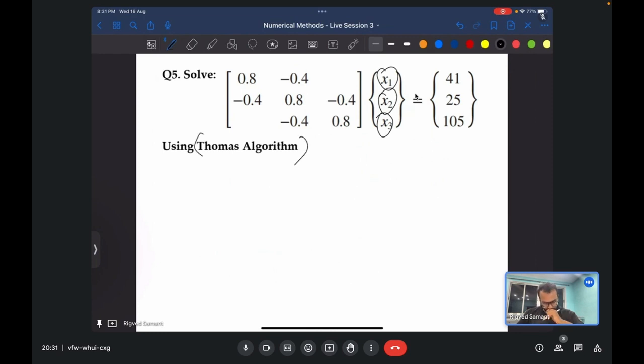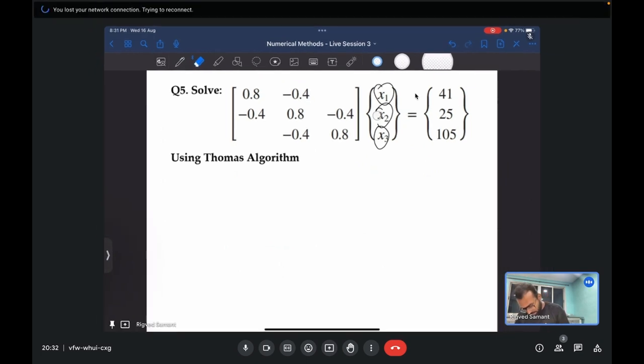So what will be the first step in the Thomas algorithm? 0.8 into x1 plus minus 0.4 into x2 plus 0 into x3 is equal to 41. You will first have to write the augmented matrix, right?